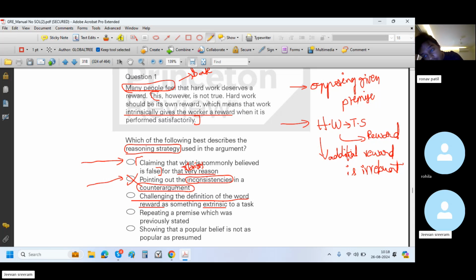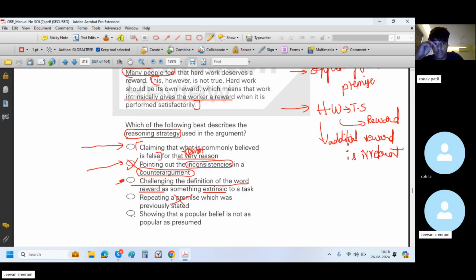You can't say that is the obvious reason, but the option is mentioning that it is the obvious reason the author mentioned. You can't eliminate C. Repeating: the author has not actually repeated the premise, like showing the popular belief. It's not about the popularity of the belief. C is the best.